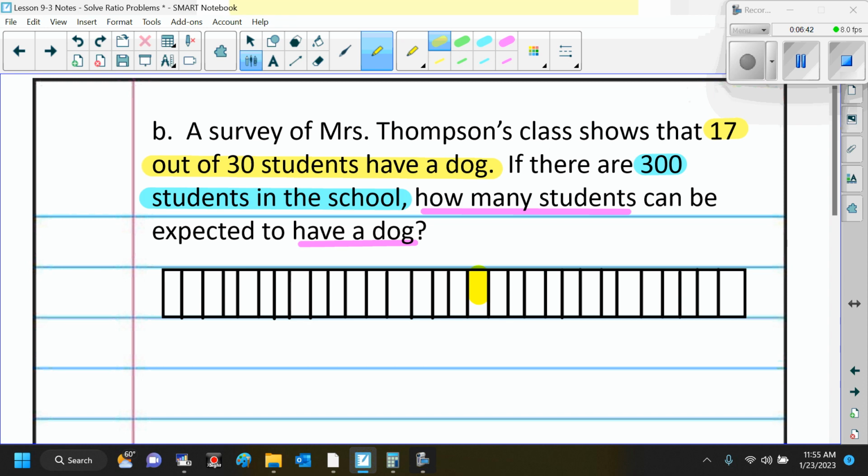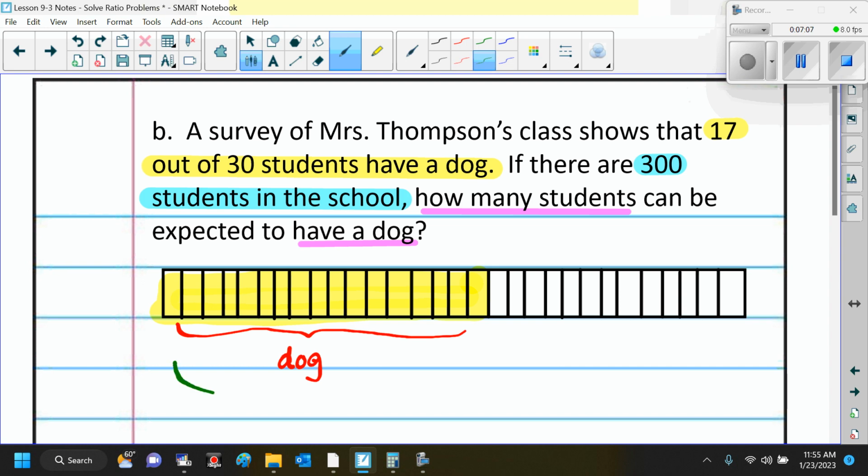All the way over here. All right, so 17. This yellow, what does that represent? Right, this is how many students have a dog, right?